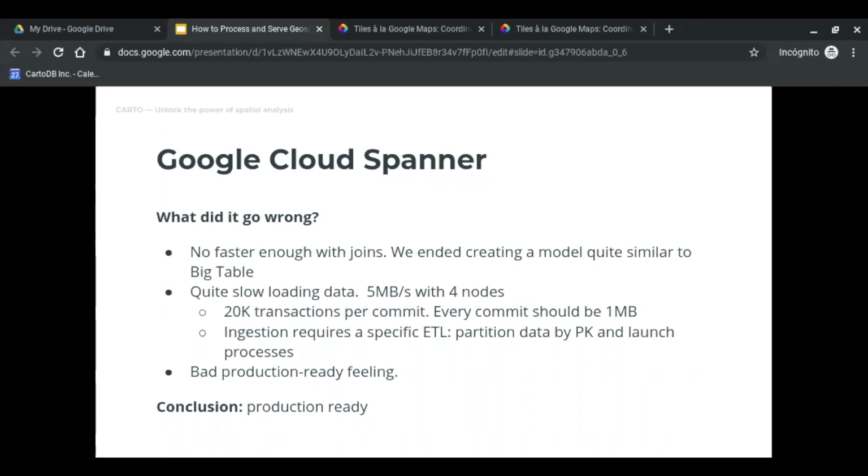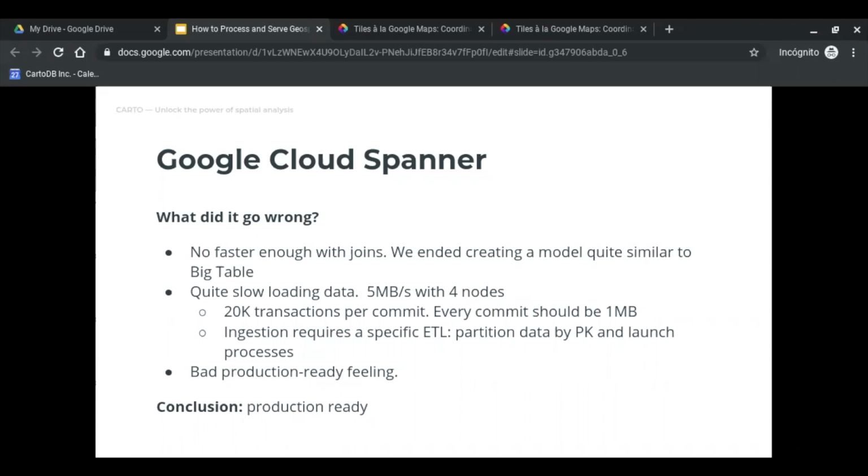If you have a data set of numbers, you are not going to get 1 megabyte with 10K mutations, because it takes at the maximum 100 kilobytes, 200 kilobytes. And that is something that is quite hard. And the other is that the ingestion for Spanner requires a specific ETL where you partition the data. And after that, when you partition the data by primary key, you need to launch a bunch of different processes.